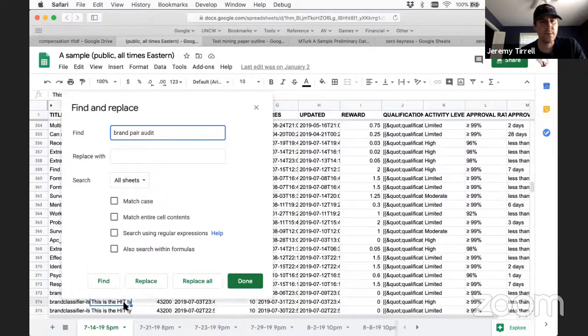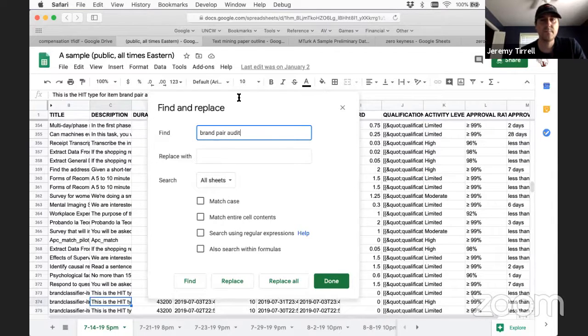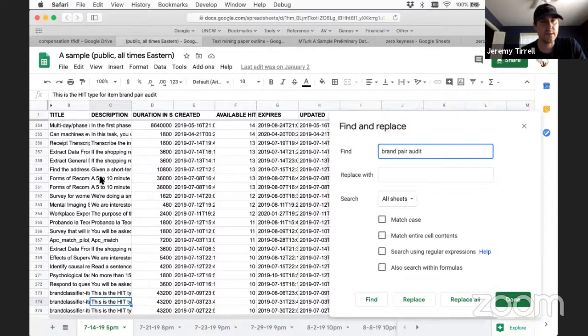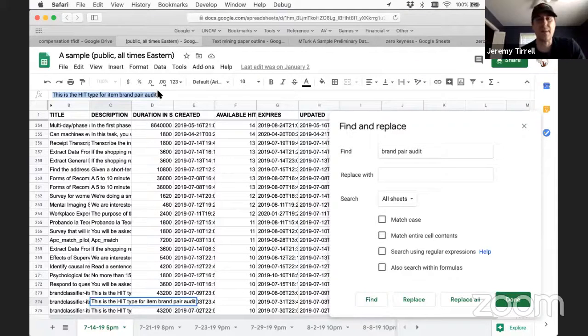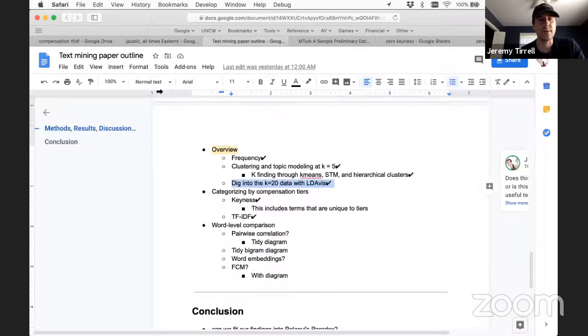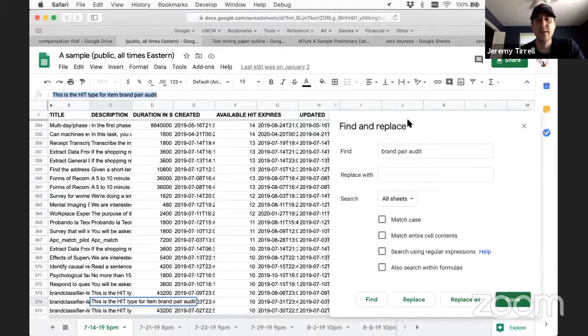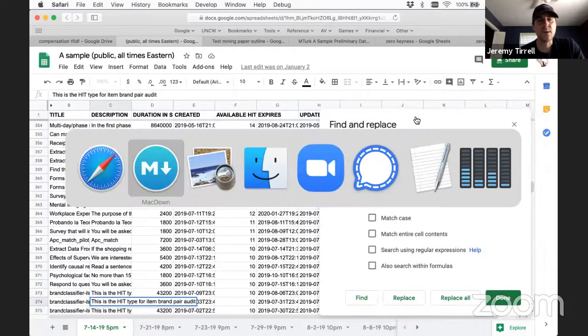Yeah, I think it found one there. Sorry, I'm going to get too many windows while I'm trying to share screens. So this is the hit type for item brand pair audit, right? To even look things up, you have to know this. If you cut out stop words, you can't go to the data. Anywho, so that's what's going on there.